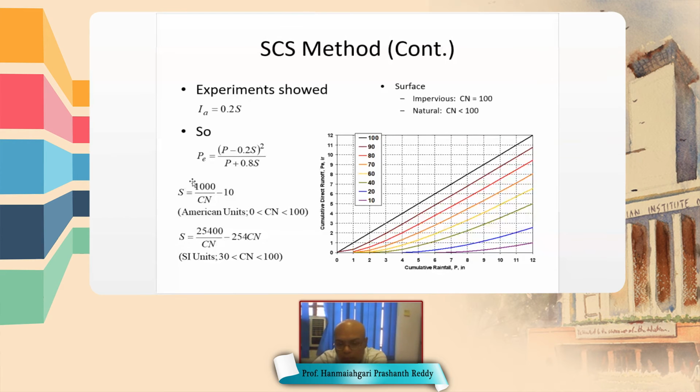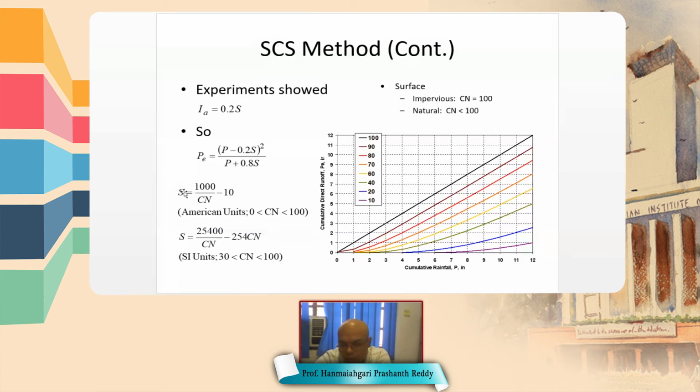For type 2, S is given by this formula. S is equal to 1000 divided by 83.8 minus 10.